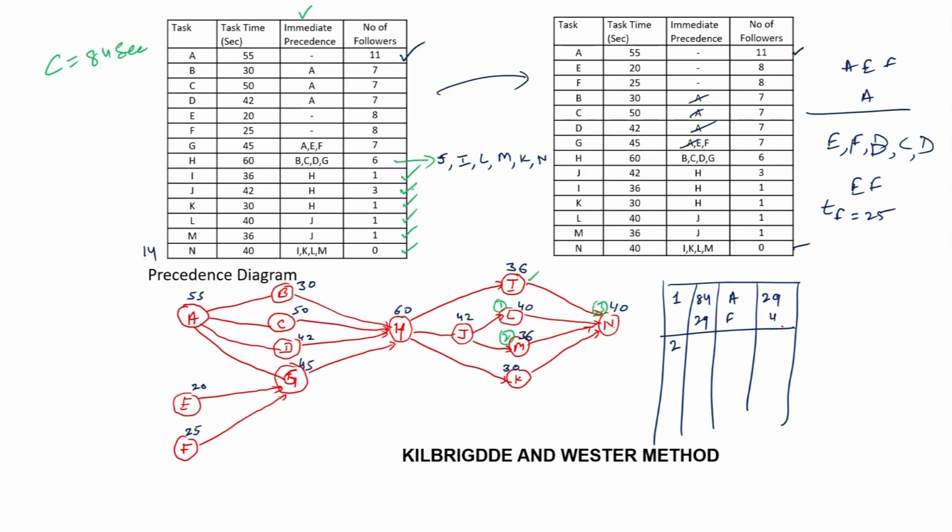In one case we are talking about the number of followers, in the second case the task time. In the RPW technique we are combining the 2 aspects, the number of followers and the timing of the element. Together we have calculated the RPW, and based on that we have assigned the various tasks to the different workstations based on the RPW priority.